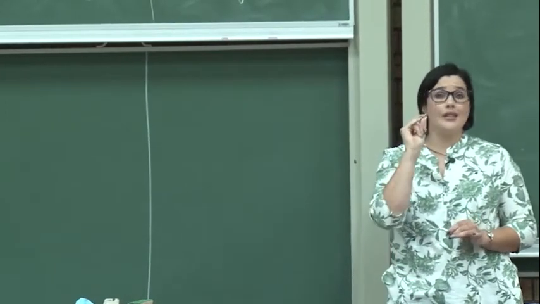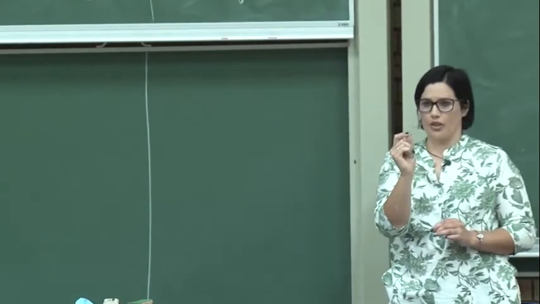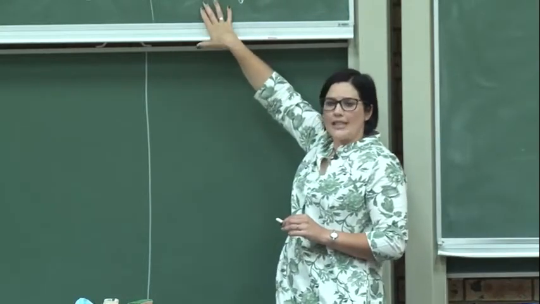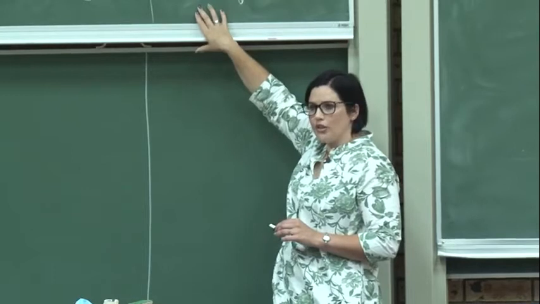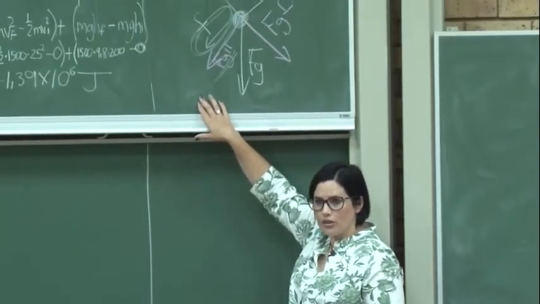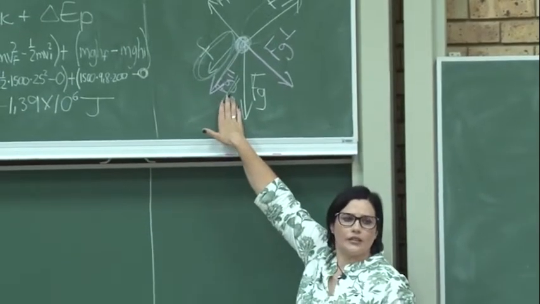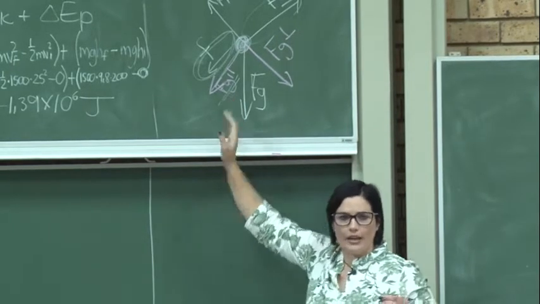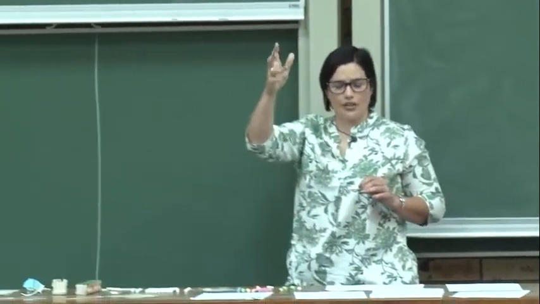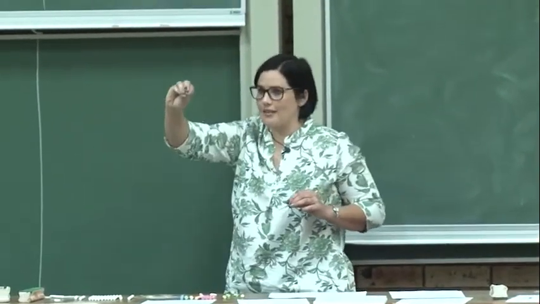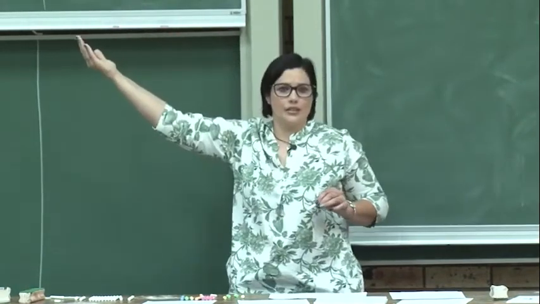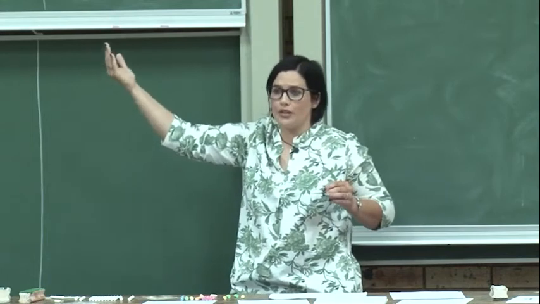That would have been the easier option, because I can calculate the work done by the parallel component of weight or gravitational force by calculating the parallel component of gravitational force. How? By mass times gravitational acceleration, which would be weight, times sin theta. But I don't have theta, so I can't use that option.